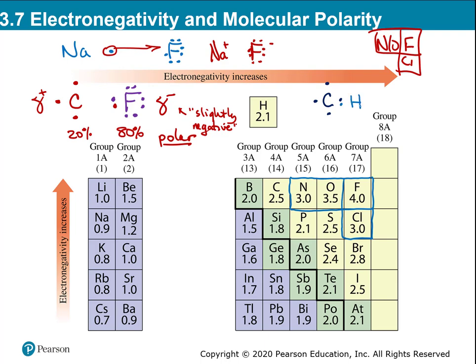So it's a 50-50 thing. Those two electrons spend 50% of the time with hydrogen, 50% of the time with carbon. That makes a much more even distribution of electrons. They go back and forth 50-50. That is a very neutral molecule. That is a molecule that they say is nonpolar.